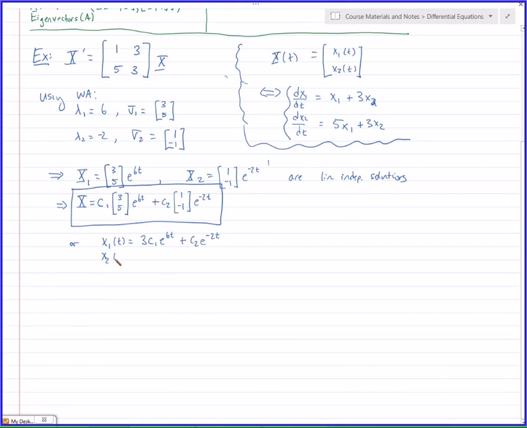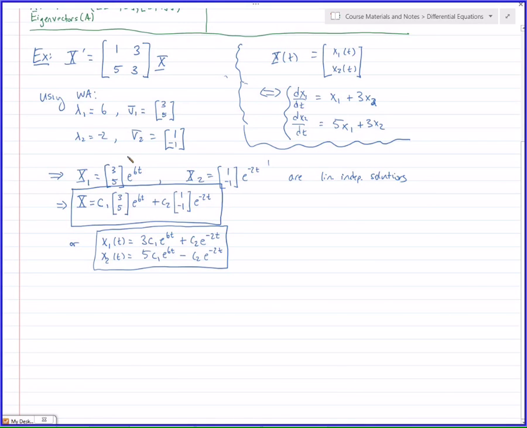And x2 of t would be 5c1 e to the 6t minus c2 e to the negative 2t. That's just another form of the solution. So that's the simplest of all cases.